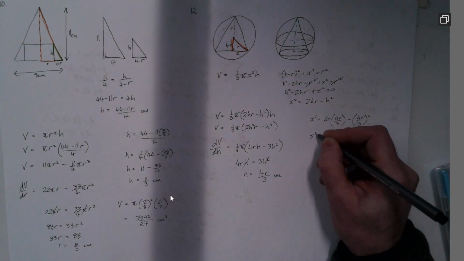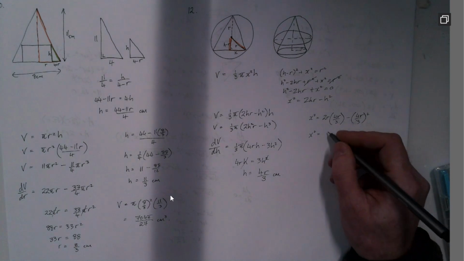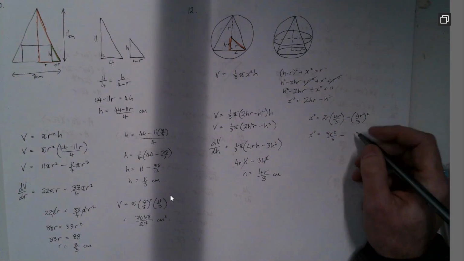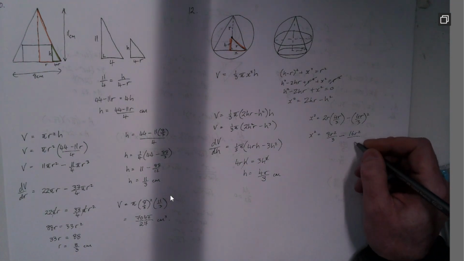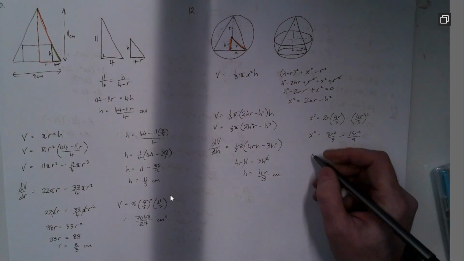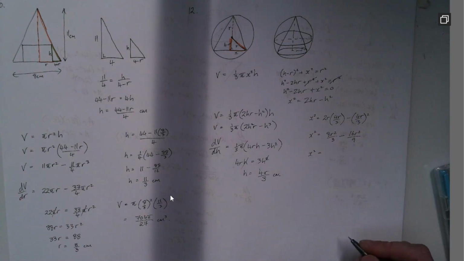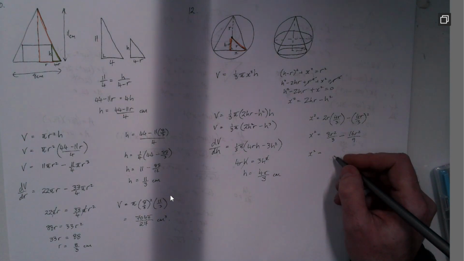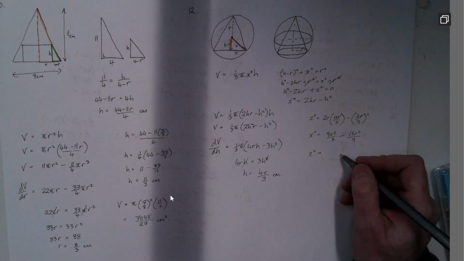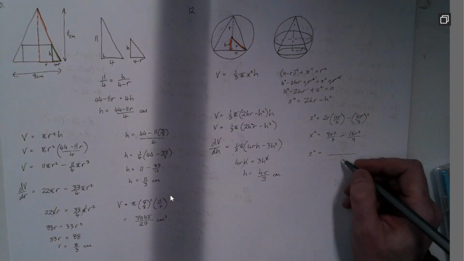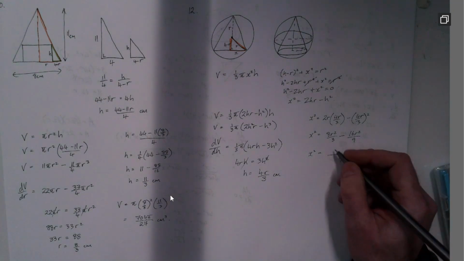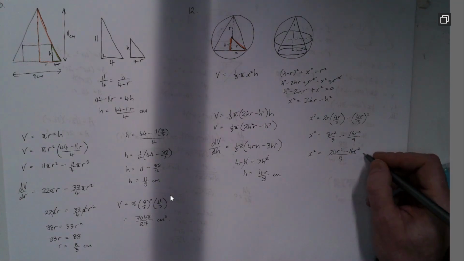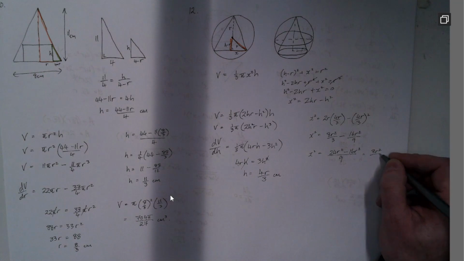So x squared equals 8r squared over 3 minus 16r squared over 9, which is 24r squared minus 16r squared over 9, so x squared equals 8r squared over 9.